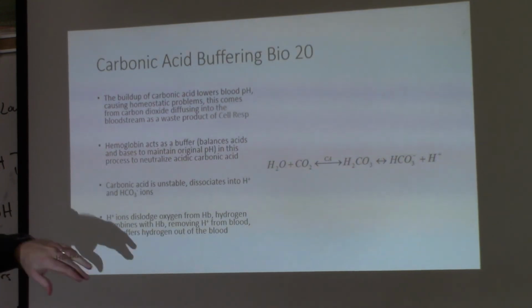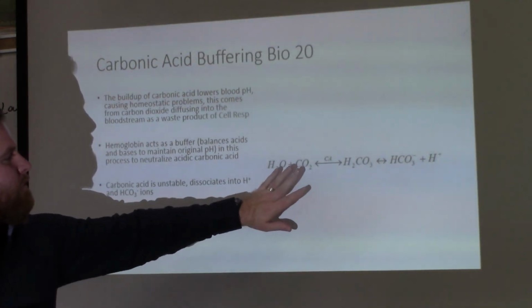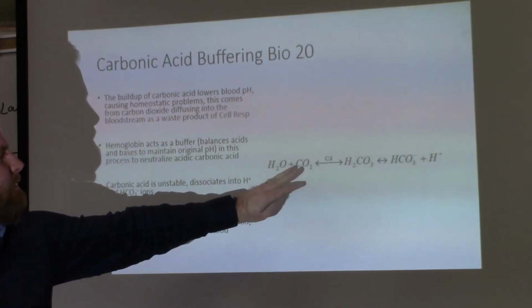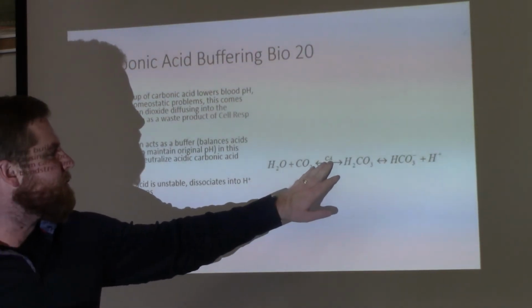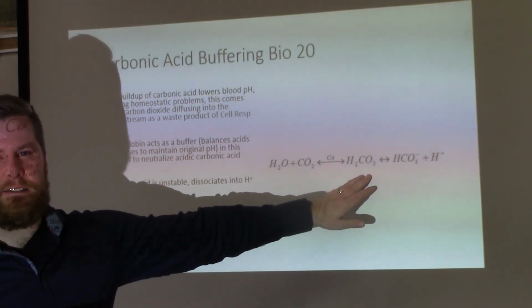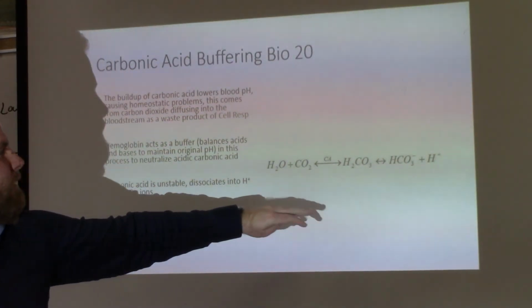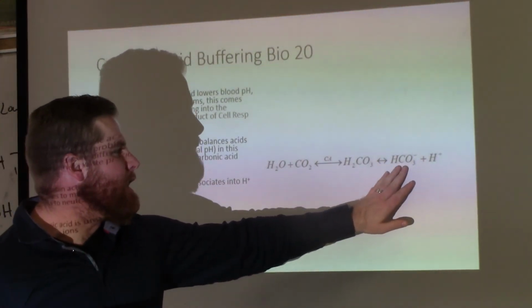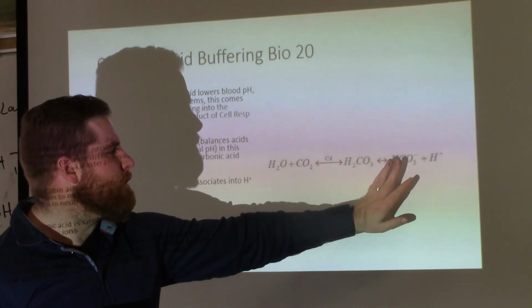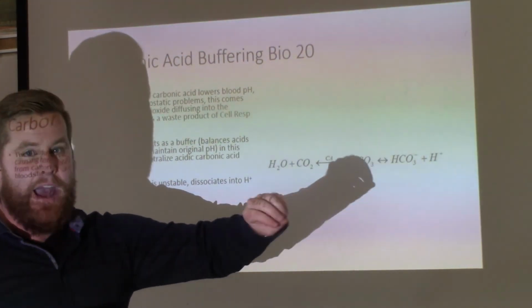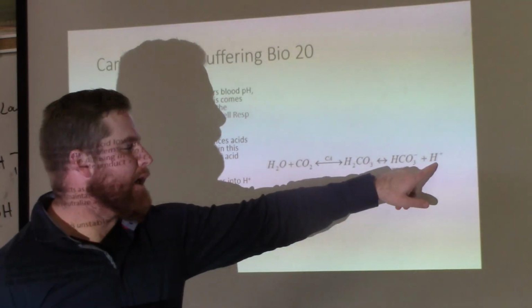Okay? So, as CO2 gets dumped into your bloodstream from anaerobic glycolysis, you have this enzyme called carbonic anhydrase, and it reacts to create carbonic acid. The carbonic acid is unstable inside your bloodstream and creates HCO3 negative, which is hydrogen carbonate ion, which is a base, so that acts as a buffer, and hydrogen.